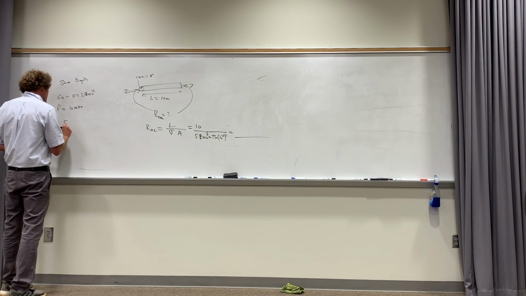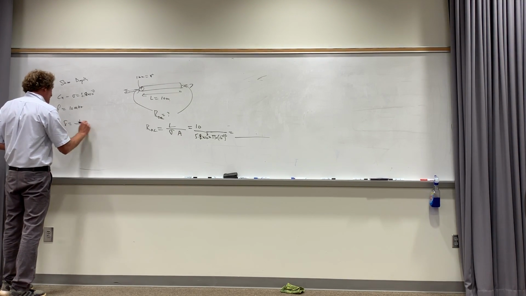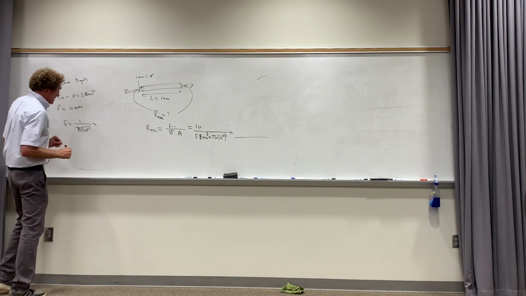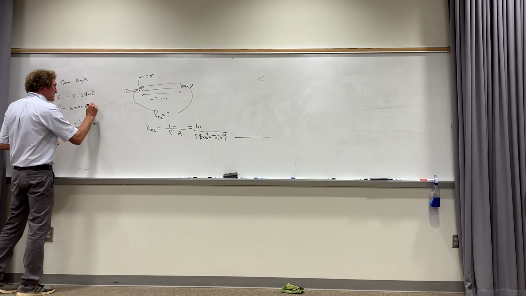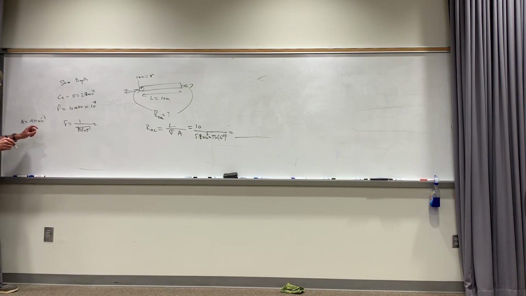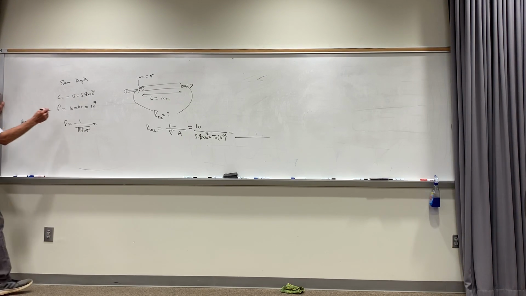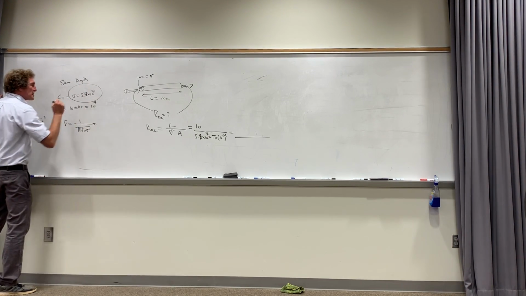So we're going to calculate the skin depth, which is 1 over the square root of pi f mu sigma. Somebody's going to have to do this for me, but it's pi f, and f is 10 megahertz, or 10 to the 7th, times mu, 4 pi times 10 to the minus 7th, times sigma, and sigma for copper is 5.8 times 10 to the 7th.